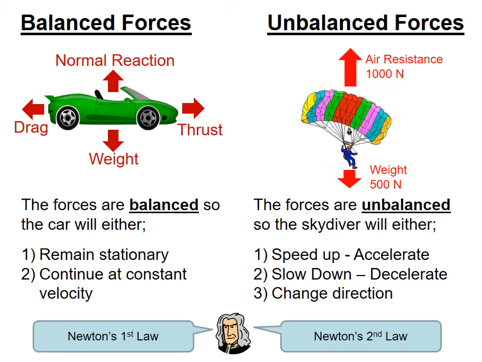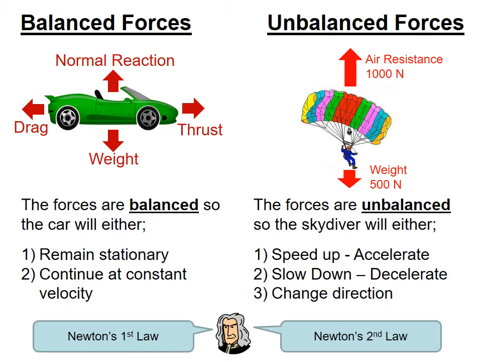Now the second example is the parachutist, and we have an unbalanced force. In this example, the air resistance is bigger than the weight. You can see the up arrow is bigger than the down arrow. It should be twice the size. These forces are unbalanced. There is a resultant force.